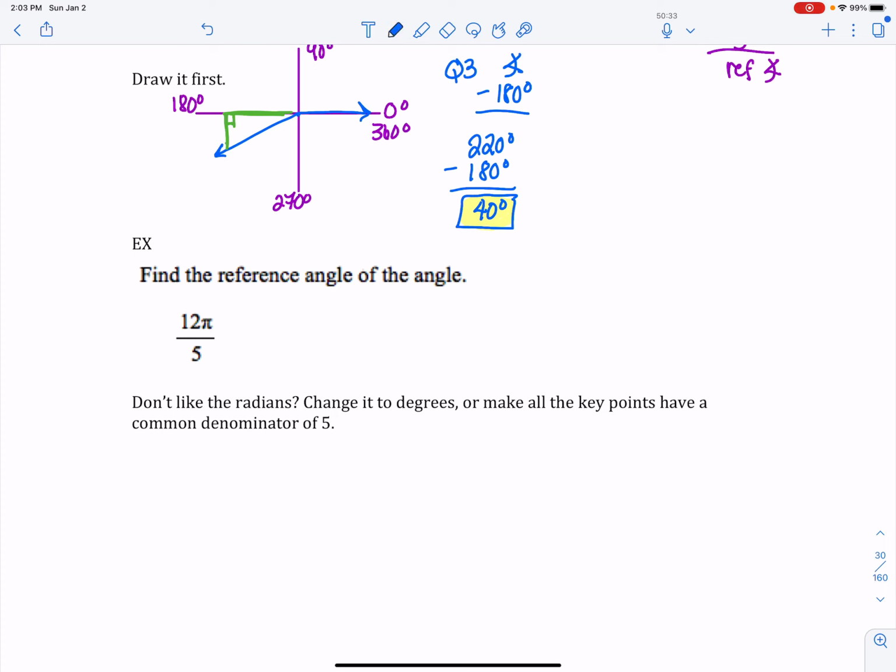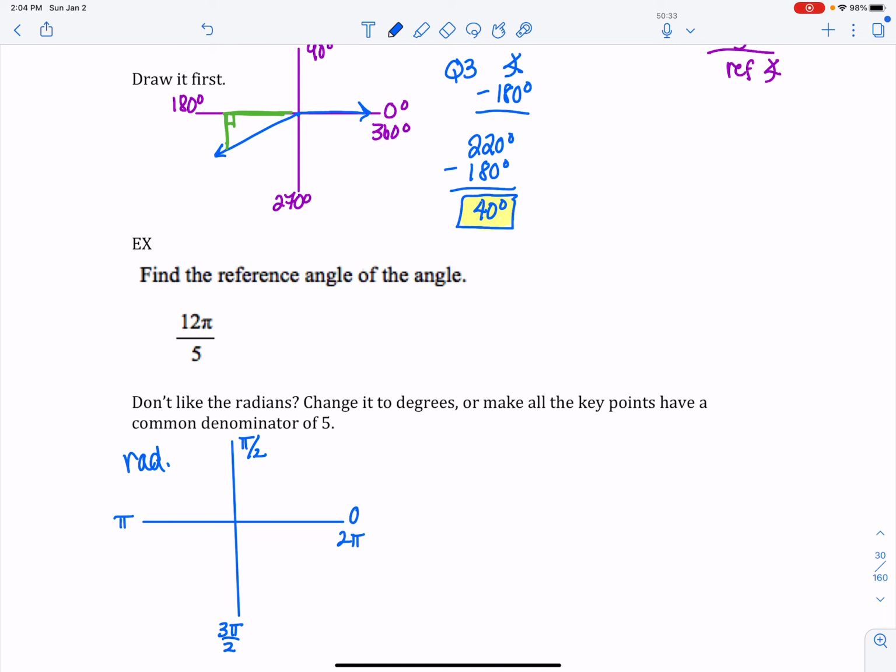Let's do radians first. If you leave them in radians, to figure out where I'm at, I'm going to have to convert everything over so that the denominator is a common denominator. Normally we'd have 0, pi over 2 for 90 degrees, pi for 180, 3 pi over 2, and then 2 pi.